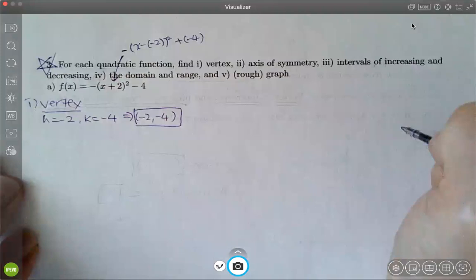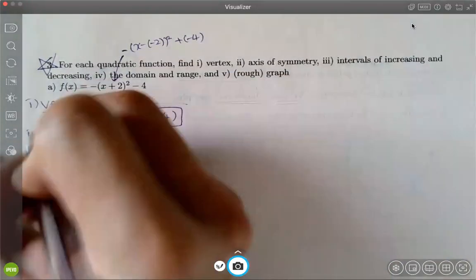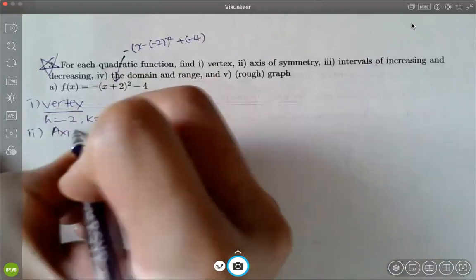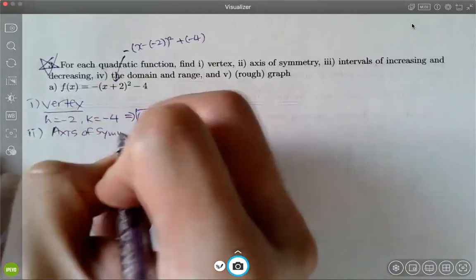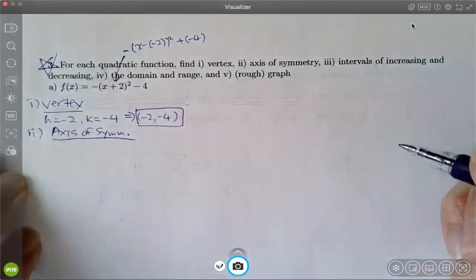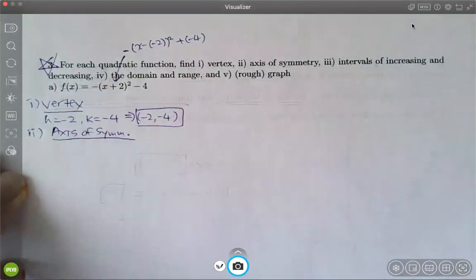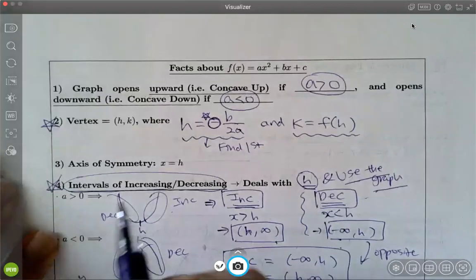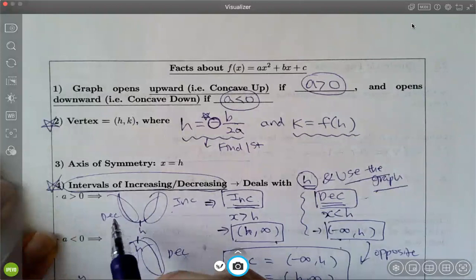And now, axis of symmetry. If you remember from this fact here, axis of symmetry has the equation what? x equals h, right?